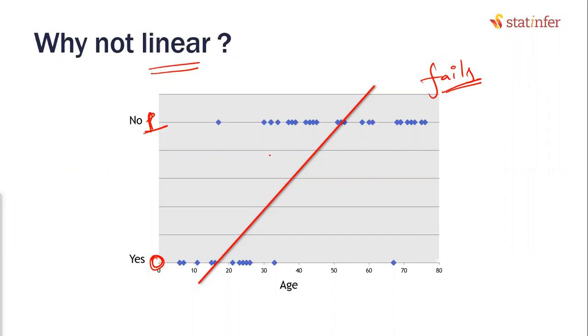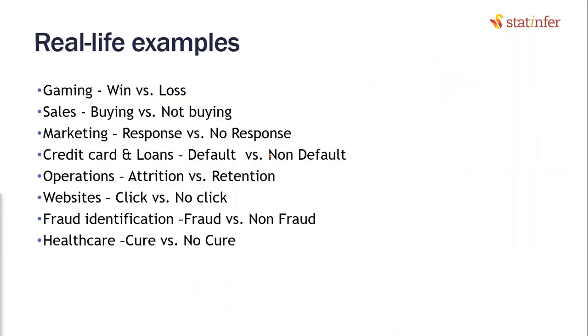In fact, in the real world, there are so many such examples. In gaming, based on several properties of the players, the ground properties, the statistics of the players, you want to predict whether this game will be won or lost by a particular team. In sales, based on customer profile details like customer age, income, expenses, number of cars, etc., you want to predict whether the customer will buy your insurance or not.